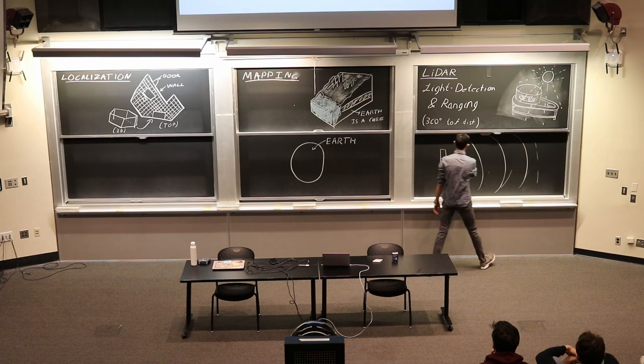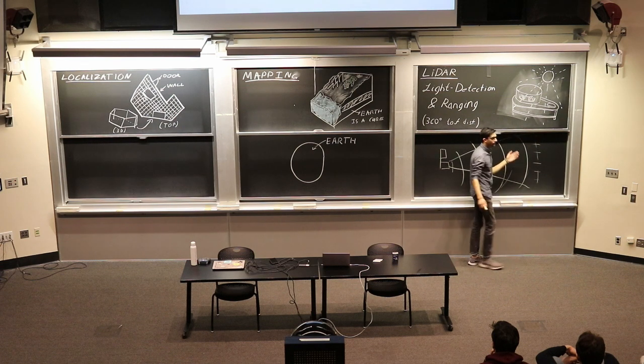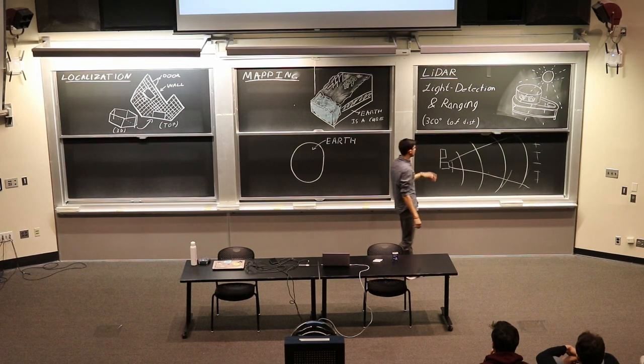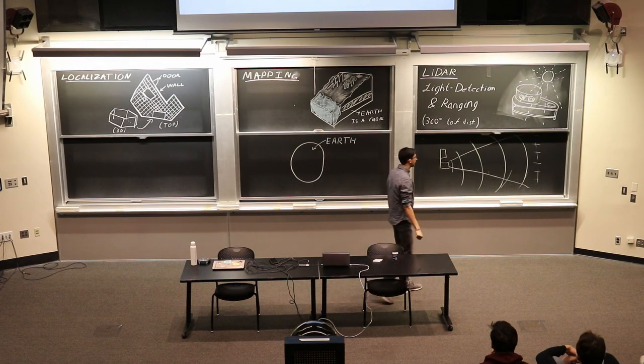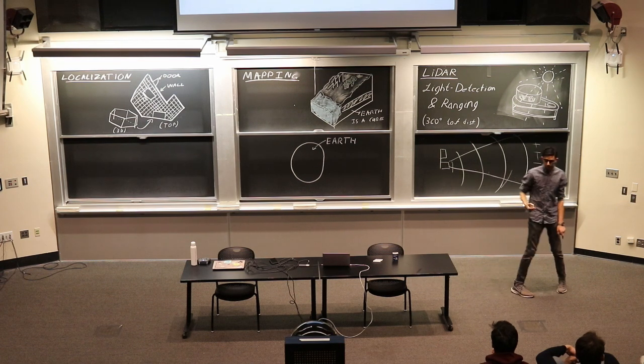So when this beam hits the wall, it could be hitting here. You really have no idea. So these ultrasound sensors are great if I just want to know how far I am from a wall in front of me, and I know that wall happens to be flat. It's not great if I want to figure out what my environment looks like.